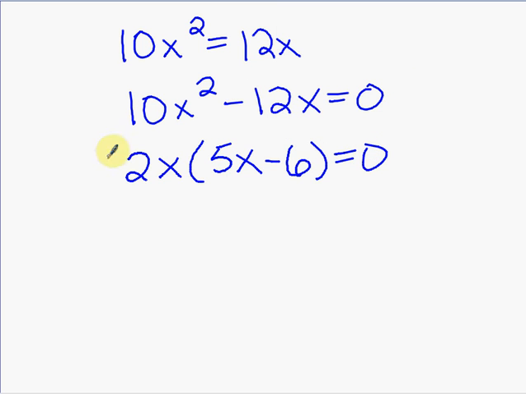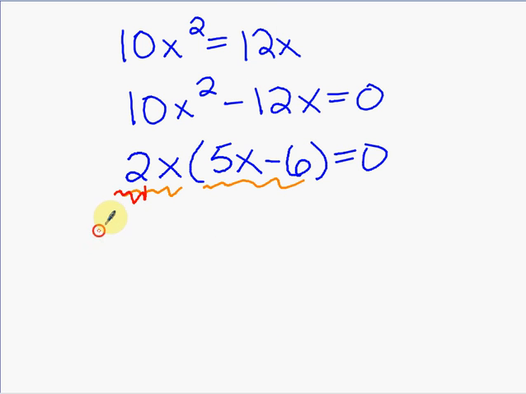Now you can think about this in different ways. You can think of it as 2 factors, or you can think of it as 3: 2x in the quantity 5x minus 6. It's not going to make a difference.